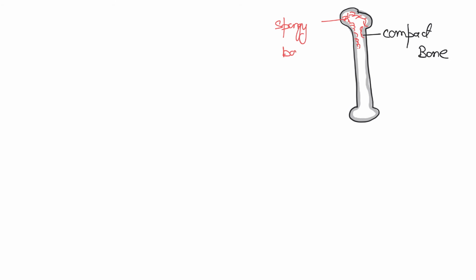Now, a very marked feature in compact bone is the circular arrangement pattern. That means if you take a plane and cut a cross section of it, this would be the middle portion of the bone, not empty, but you'll have the marrow here.